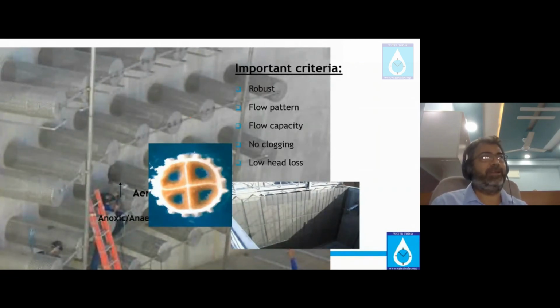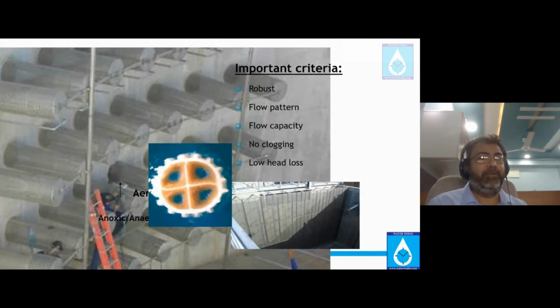No. A well-designed activated sludge process will give as good a result as an MBBR. So in India, for large-scale sewage treatment plants, I would prefer either ASP followed by ultrafiltration, or ASP followed by MBR.